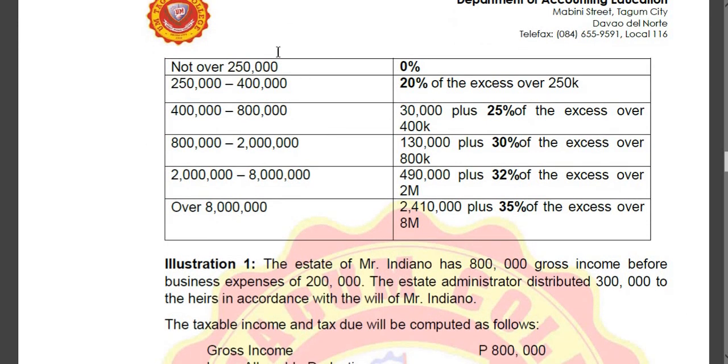Okay, the graduated income tax table is the same as the graduated income tax table used for individual taxation.